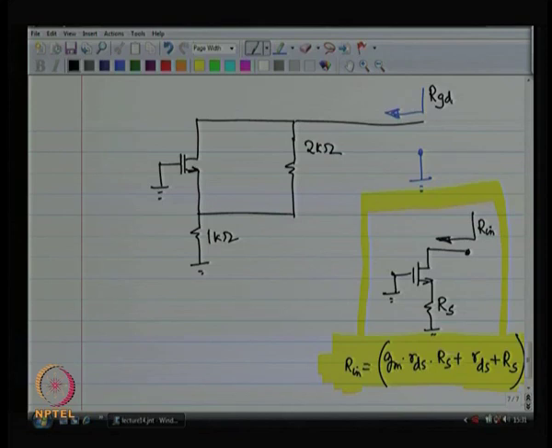So, what is RGD going to be equal to? Here it is basically identical to what I have indicated, just that RDS is no longer just RDS, it is RDS in parallel with 2 kilo ohm, that is all, right.